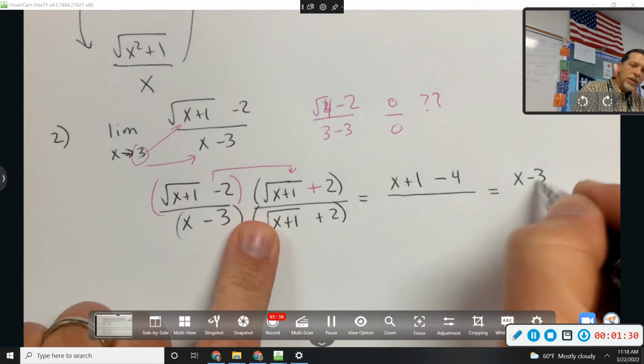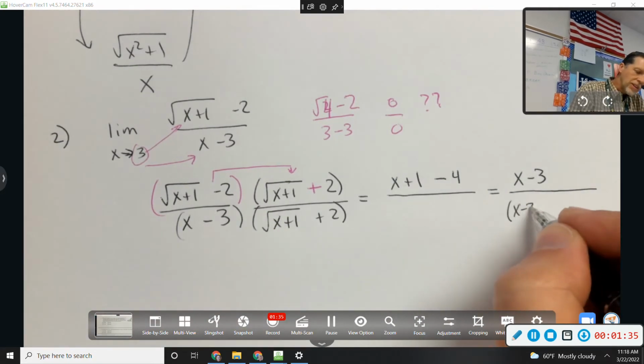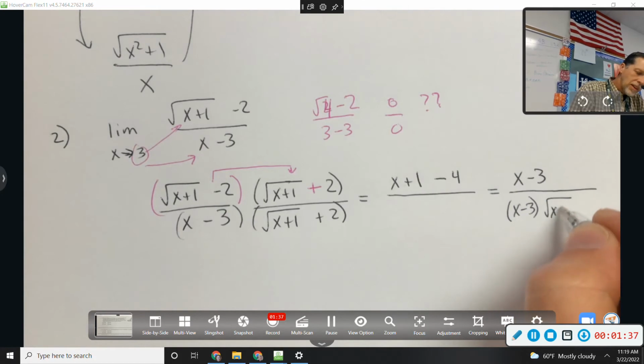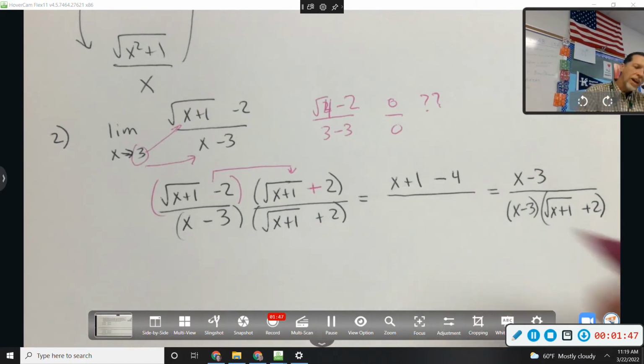So the top becomes x minus 3, which is super convenient because the bottom has an x minus 3 that we could cancel. So we don't FOIL the bottom because we want the x minus 3's to go away.